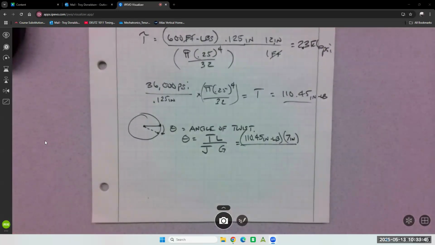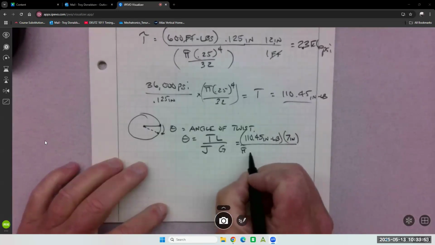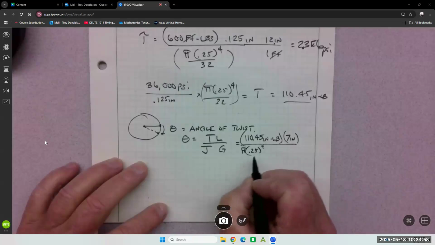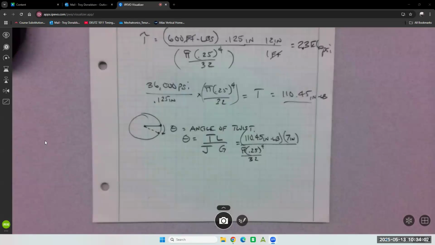And J for the round shaft was pi d to the 4th over 32. We're back to the 0.5. And then G for A36.